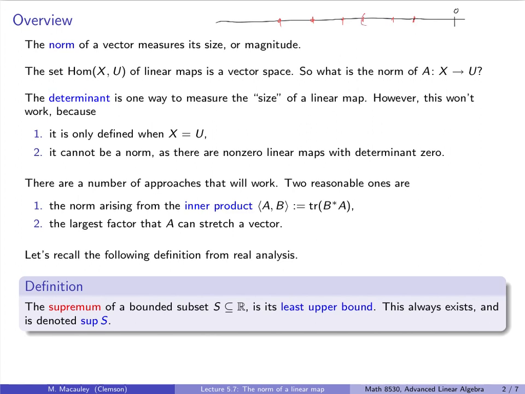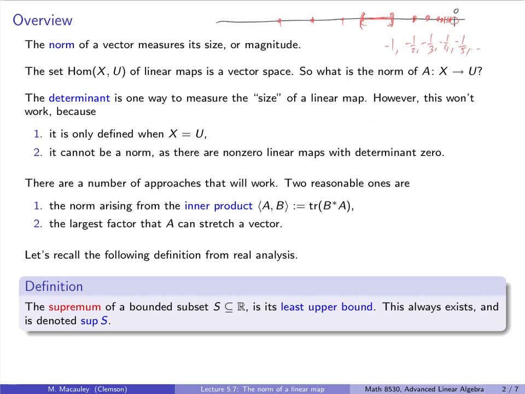Maybe we have an entire interval here, like a half open interval, so it contains this right endpoint but not the left endpoint. And then maybe we have a sequence of numbers that gets closer and closer to 0 but does not contain it. So maybe this is like -1, -1/2, -1/3, -1/4, -1/5, etc.